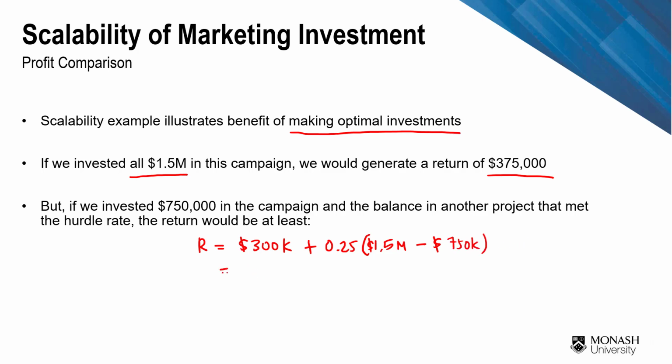This will give me 487.5K, which means you have an additional 112.5K or more to the total contribution. Now, why do we take the hurdle rate of this minus that? Because that is basically the hurdle rate on the difference between our two investments.